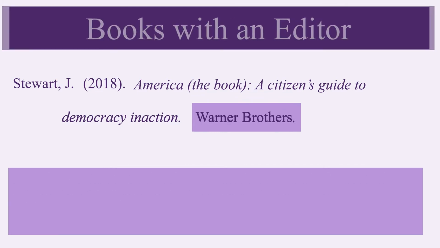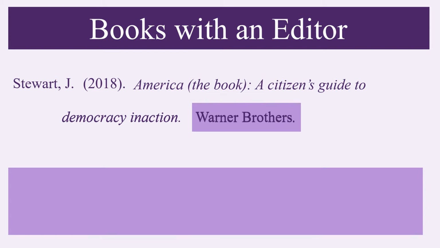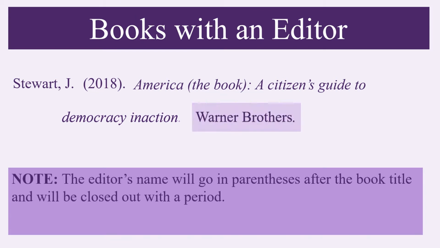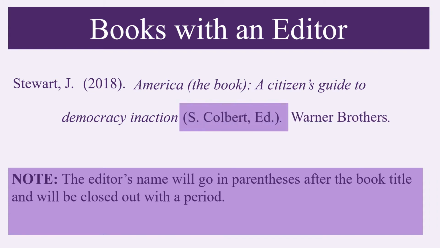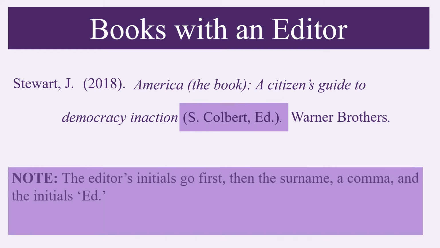What if a book has an editor? In this case, the editor's name will go in parentheses after the book title and before the publisher, and it will be closed out with a period that it shares with the book title. The editor's initials go first and then the surname, followed by a comma and the abbreviation Ed. This means that the initial and surname go in the reverse order of the author.